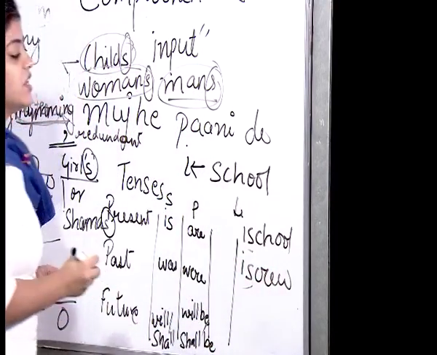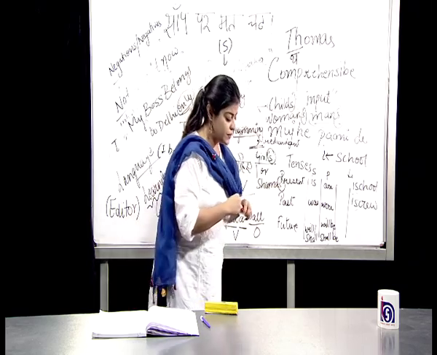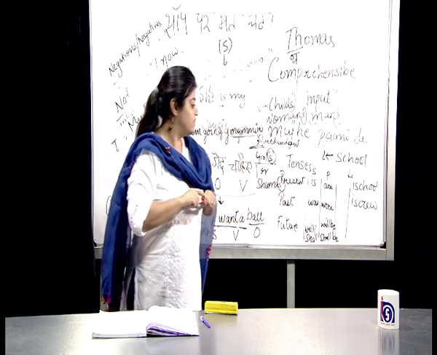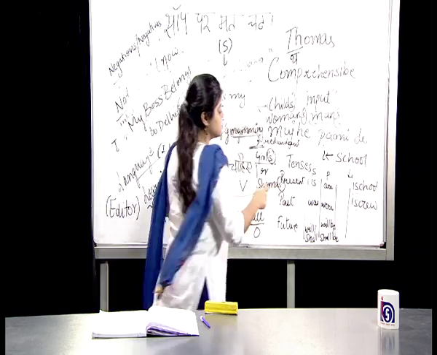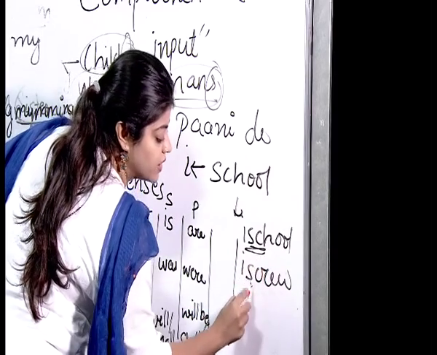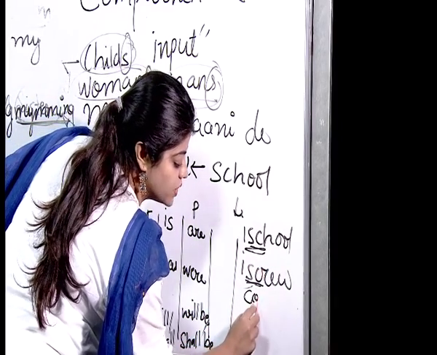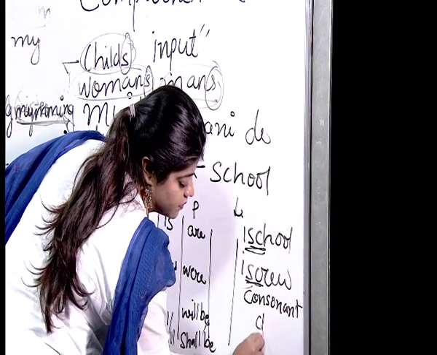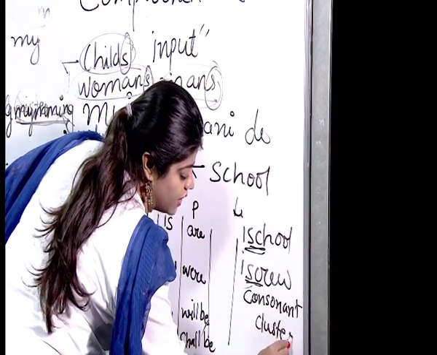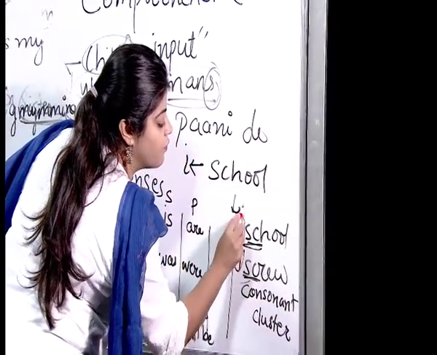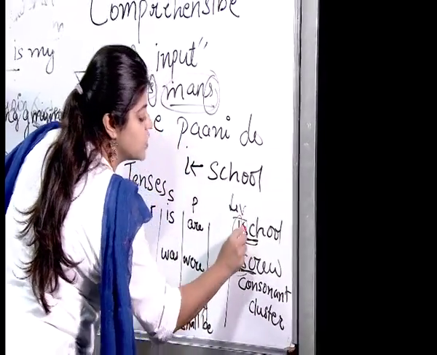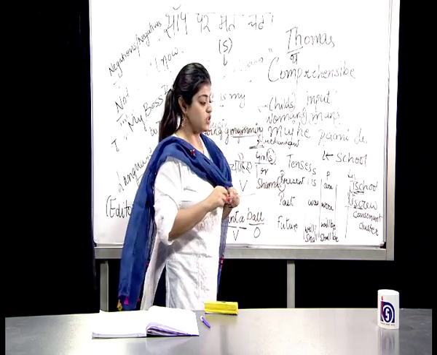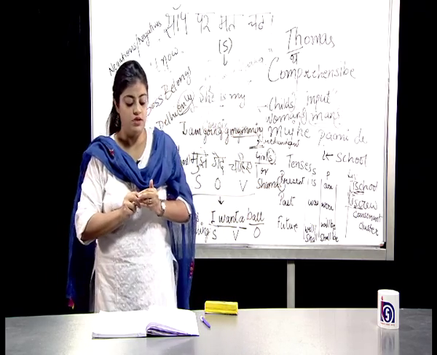So this tendency of putting a vowel in front of a consonant cluster, if we see, it's a consonant cluster, and we are putting a vowel in front of it. So it's a feature of Indian English. It's not a mistake, but a feature.